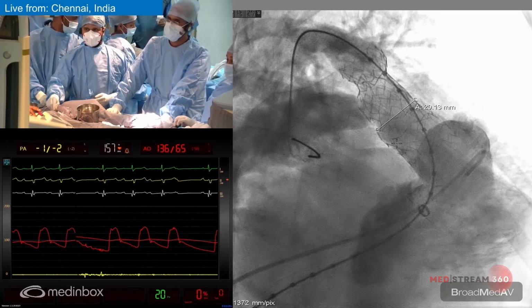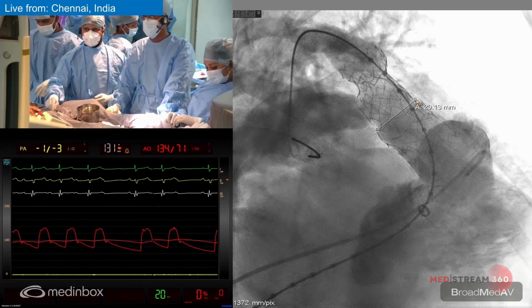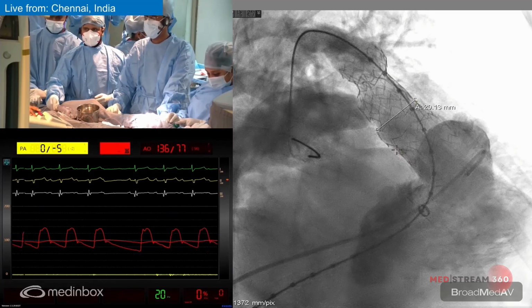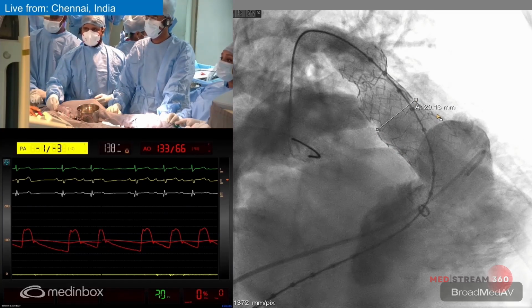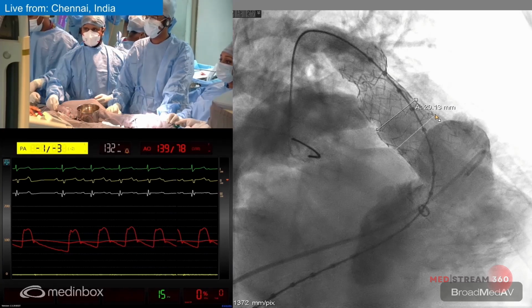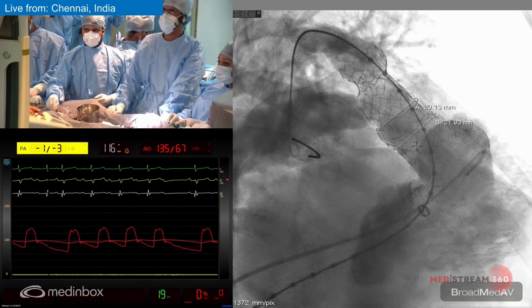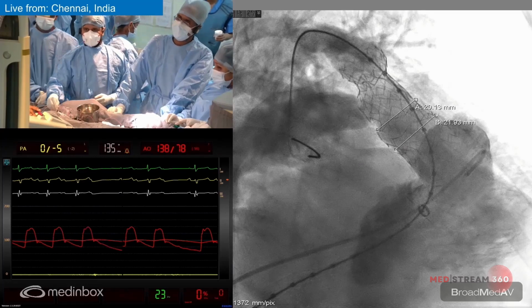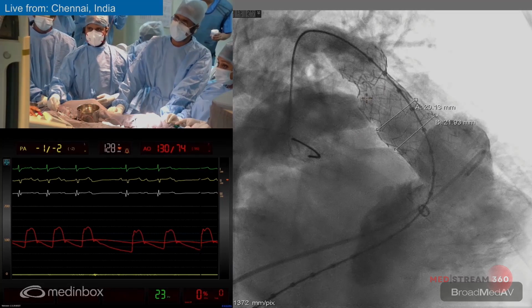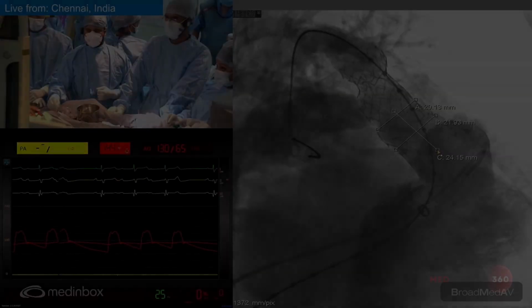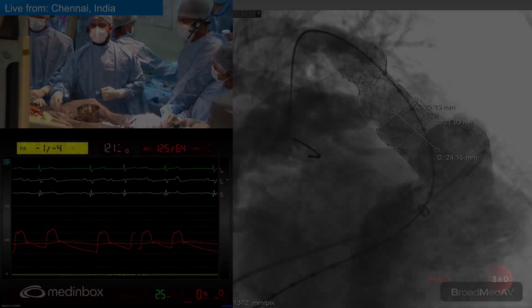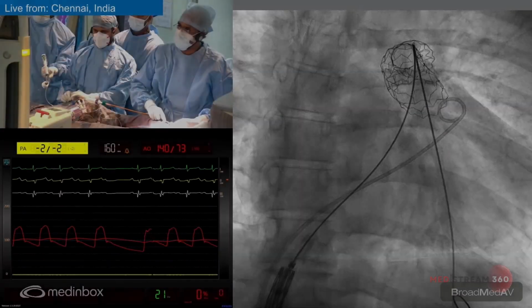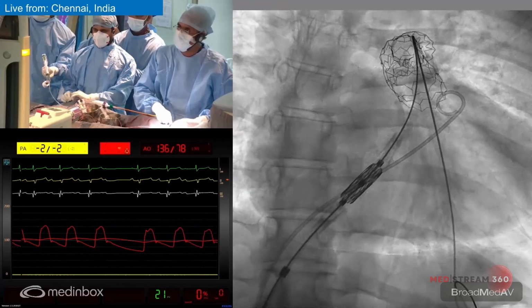Okay, a little below that. Little below. Another line little below. Yeah. So this is around 22 millimeters now. Can you measure the length of the outflow tract below the bifurcation? So it's around 24.